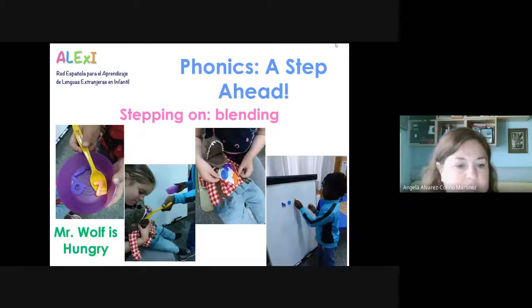Then here, Mr. Wolf is hungry. So here what I give children is magnetic letters, and they have to feed Mr. Wolf with the magnetic letters. They can use them randomly, all right? But then Mr. Wolf is like in the story when he eats up Little Red Riding Hood and Grandma, we have to open his tummy, and inside the tummy there are the letters that he has eaten, right? So with those 3 letters, they have to think about a possible word they can create.